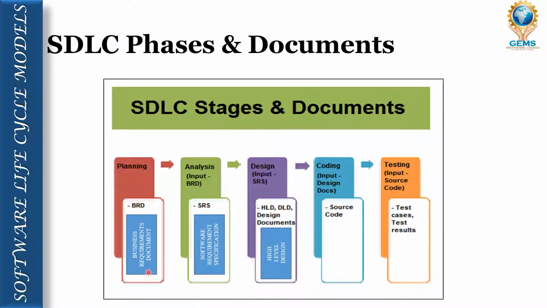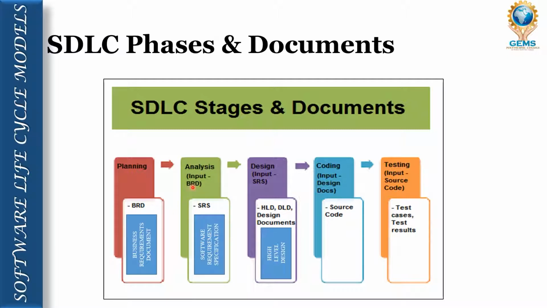So these documents are going to be prepared during the planning. Once the planning stage is done, then we will do the analysis. Based on the BRD, we will do the analysis. Again, BRD means business requirement document.